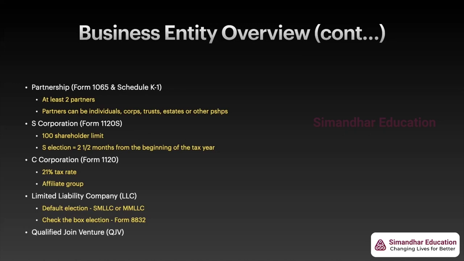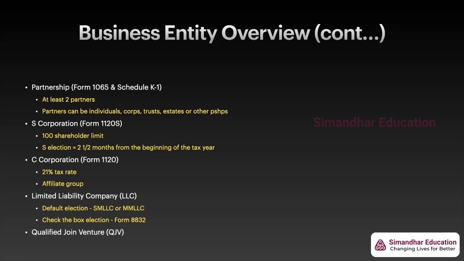Qualified joint ventures are again similar to a partnership. The only difference is that a married couple who want to file a joint return can elect to be treated as a qualified joint venture, in case they're doing business, they're actively engaged in that business and want to reap the advantages of filing from a business standpoint based on the income they generate.